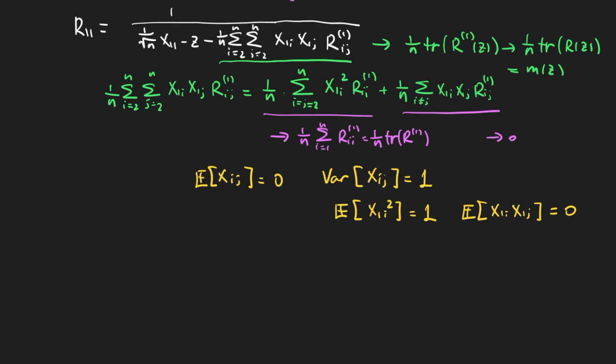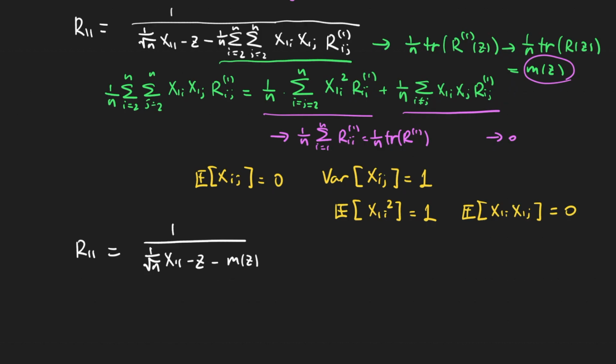And this is the reason why we can just replace this entire term with m of z, right? By using this, we can simplify this equation a lot. So R11 just becomes 1 over square root of n times x11 minus z minus m of z.